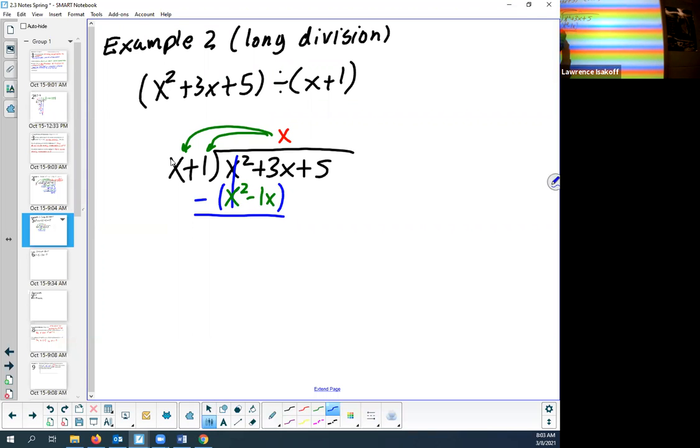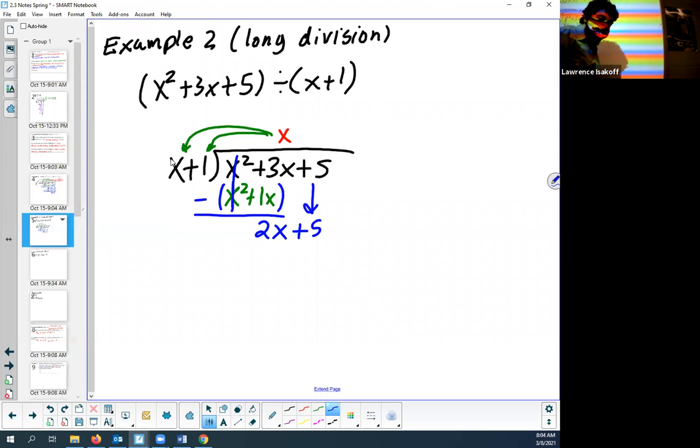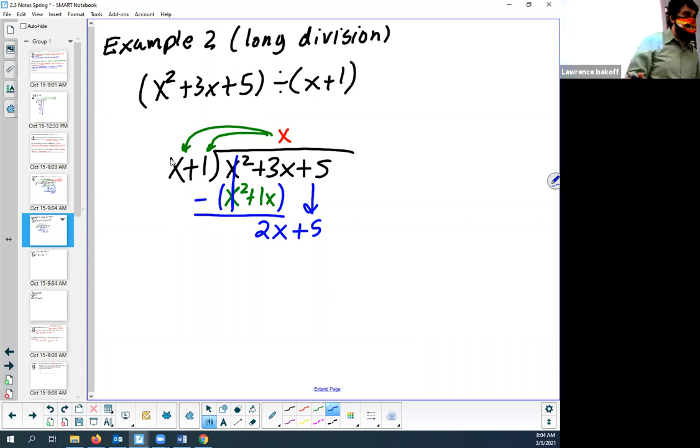So again, these conveniently cancel. 3x, now minus 1x. 3x minus 1x is 2x. Bring down the plus 5. Pause. Any questions right now?